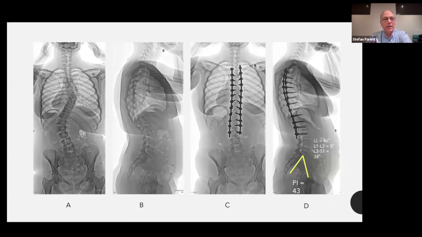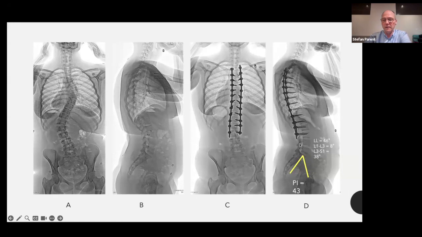Again, another case where we did a posterior spinal fusion only. We did have a good correction in the coronal plane, but maybe not perfect. But you can see that I was much happier with the thoracic profile in this patient. And again, we're trying to adjust to what the pelvic incidence looks like, trying to get a good lumbar lordosis so that you have a match here, but then you have a good thoracic kyphosis that's generated above.